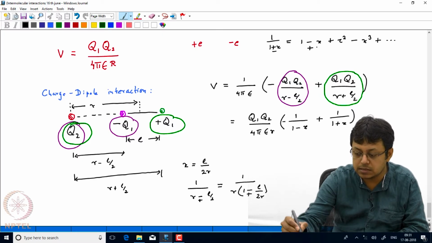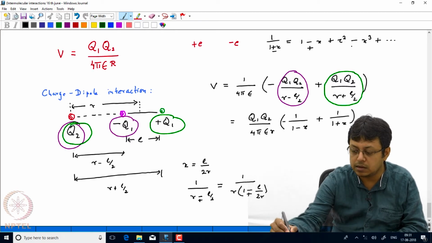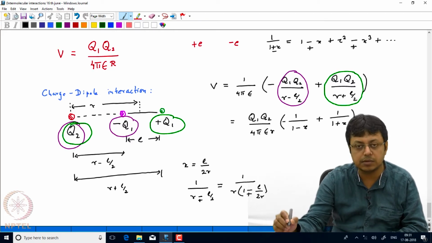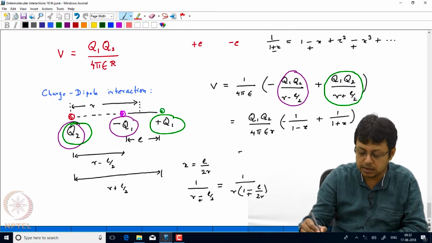So, the third term will be again plus x squared, the fourth term will be again plus, something like that. So, we will get a plus series for the 1 minus x, and we will get a minus series, or the odd series basically, for 1 plus x. So, together if we write, then it will be something like this.